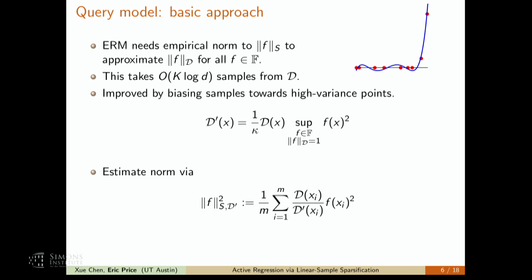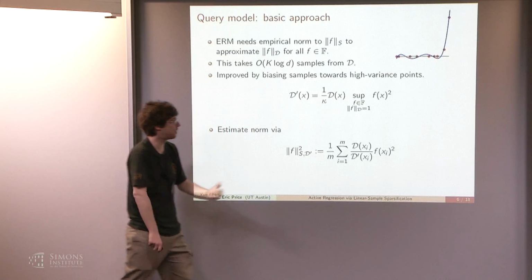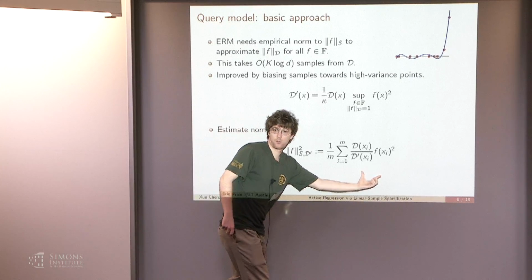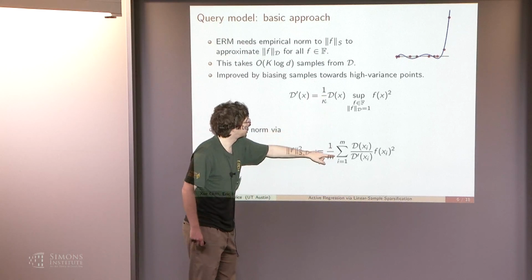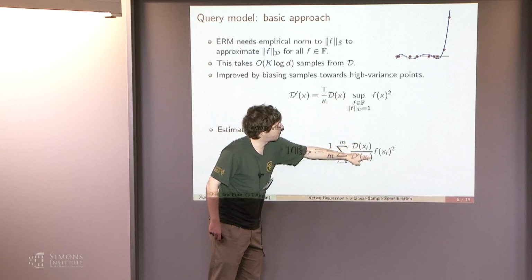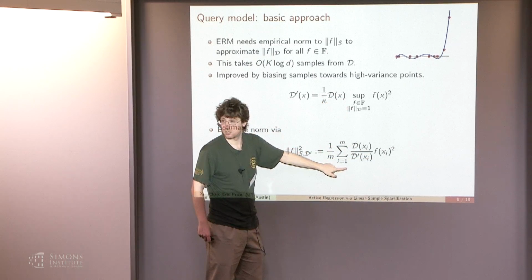And so now you can say, okay, how fast is this going to converge to the correct answer? Well, the Chernoff bound is going to depend on how big these values are. It's going to depend on the supremum of this. What is the supremum of this? Well, the d of x's cancel. The supremum, right, f of x is less than the supremum of f of x. And so you get exactly kappa.